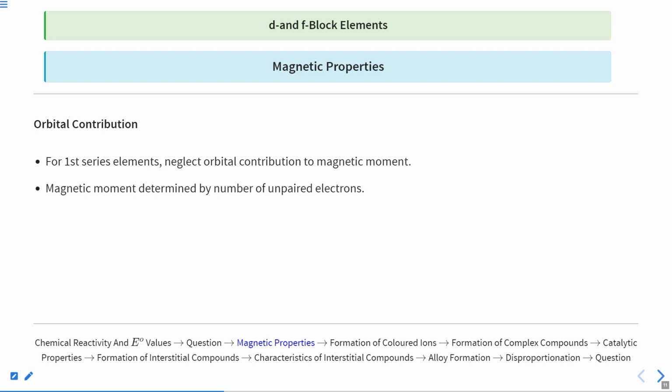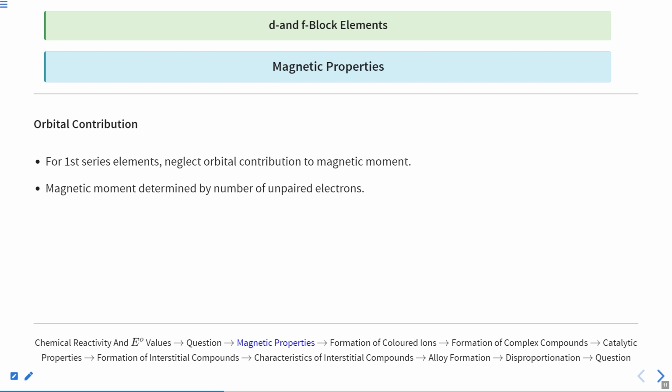It happens in this way: whenever an electron in an orbital rotates, its angular momentum changes, and due to that it creates a magnetic dipole, a point dipole, which is attracted by the magnet. But for the first series, this orbital contribution is almost negligible.